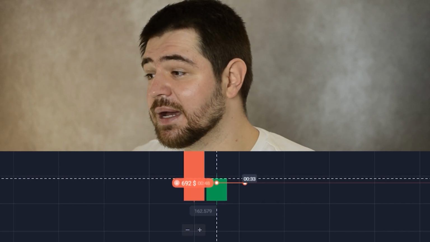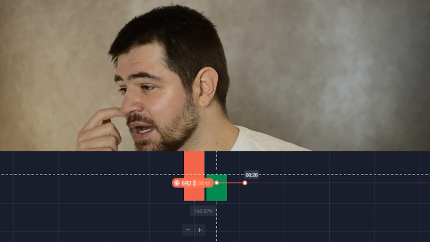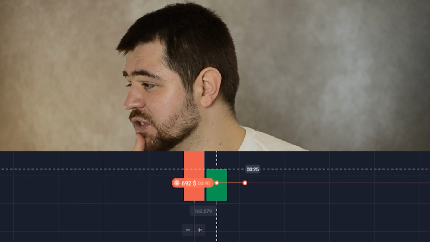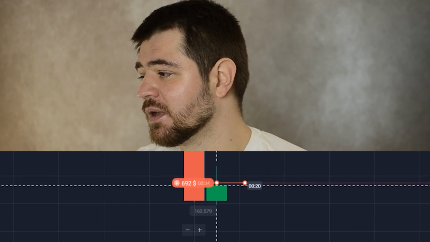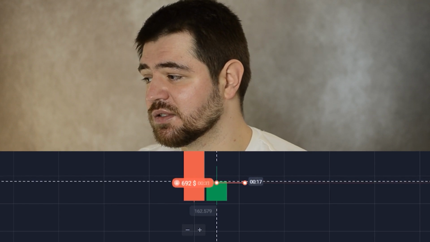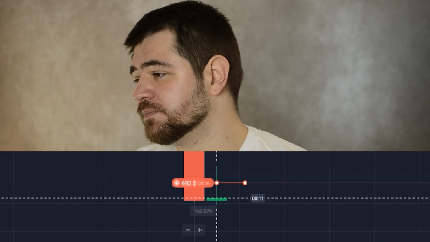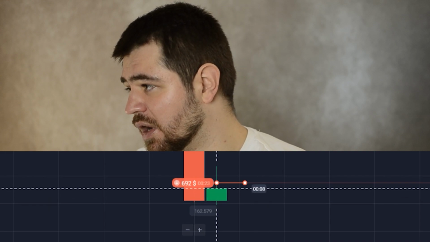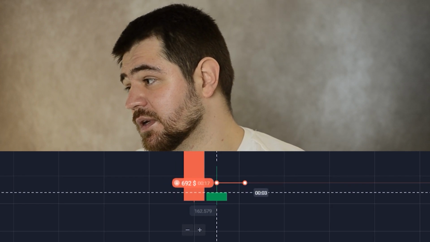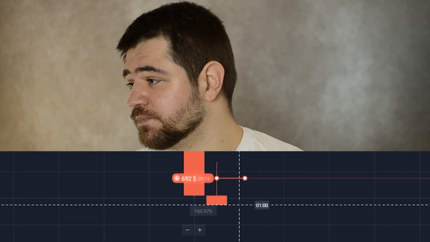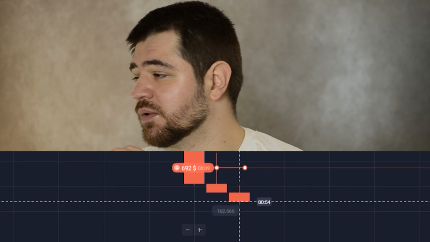Yeah, so we have the stochastic showing that we're re-entering the oversold zone, and basically the parabolic SAR is also showing us that the downtrend is kind of starting.